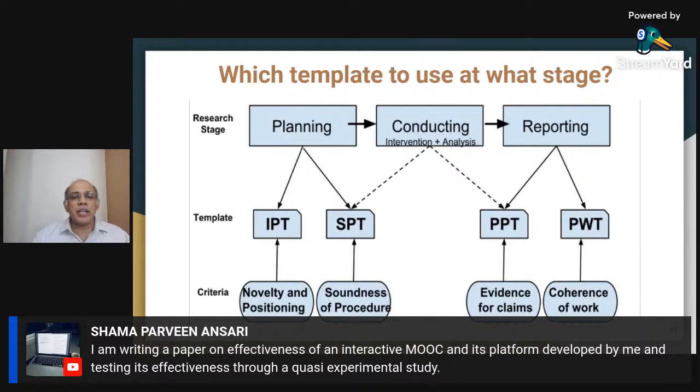Are you talking about effectiveness of the use of the MOOC itself, meaning are students able to quickly find the information, or effectiveness of the content that they are learning? You have to make sure that you're aligned. Coherence is the important thing, to ensure that what you're saying in the introduction is what you're actually doing in the methods and the results section, and that has some contribution in the conclusion section.